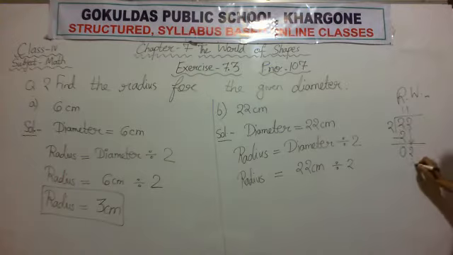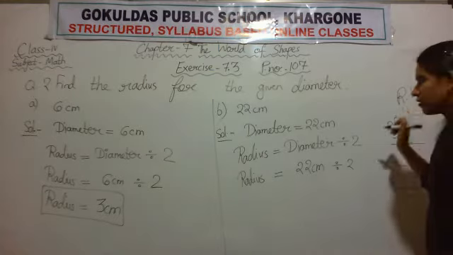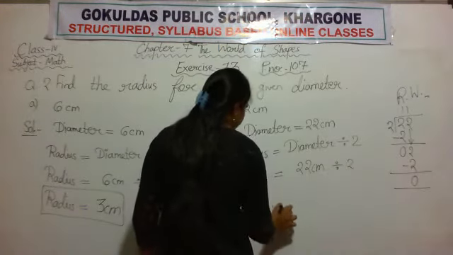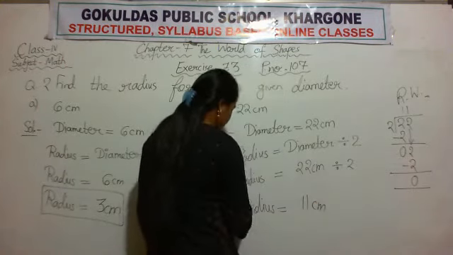So 2 ones are 2. Now subtract 2 minus 2, you get 0. So your result is 11. So radius is equal to 22 divided by 2, which is 11 centimeters.